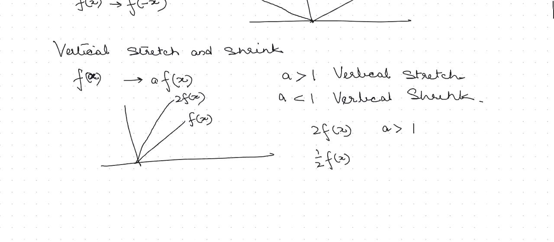All the values of f(x) are halved, so it will be like this, half f(x). Because a is less than 1, it is a vertical shrink by a factor of half. In both cases, we simply multiply the whole function by a.